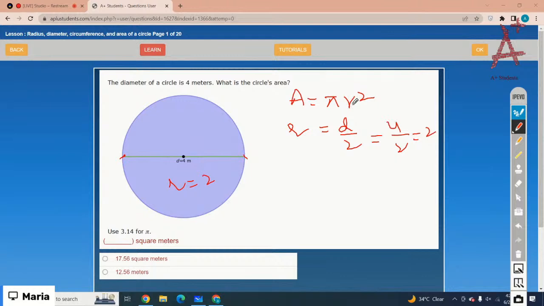Now you can just put the values in the formula. Pi is 3.14, r is 2, it would be 2 square. Got it? So when you do 4 times 3.14, that would be 12.56. So the correct option is 12.56.